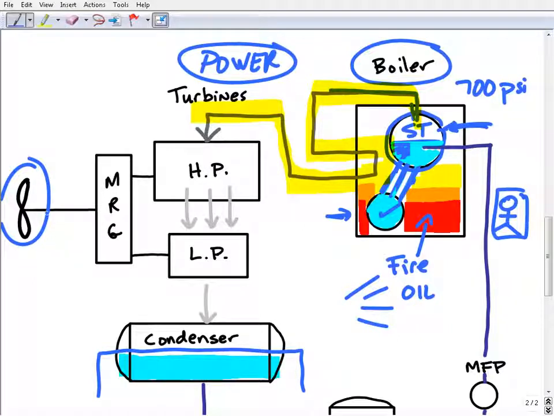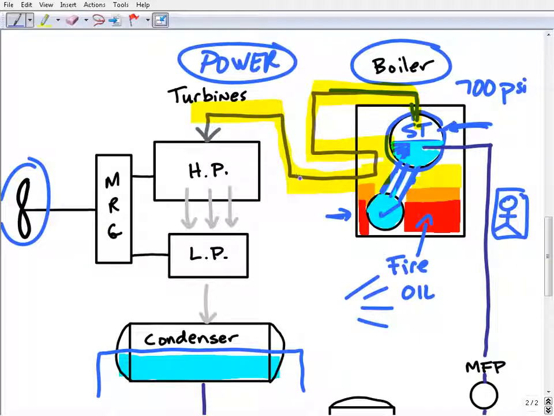But this shaft could be turning a generator, and that's basically what happens on land when you're creating electricity. So that's the end game: make something turn. Our shaft is going to turn either a generator or a propeller or whatever you want it to turn. So how does this work?